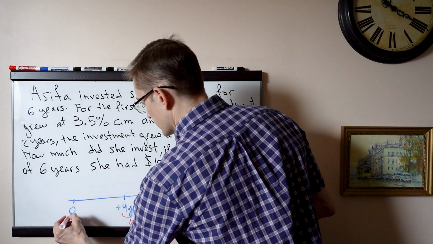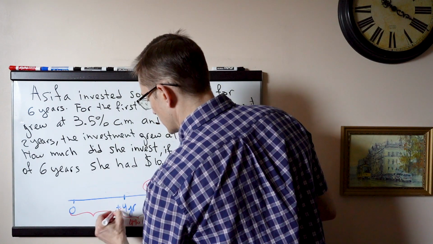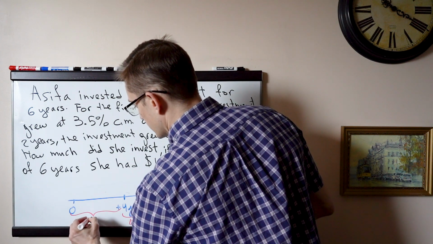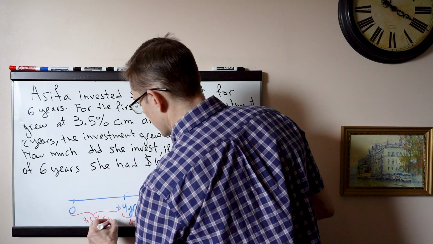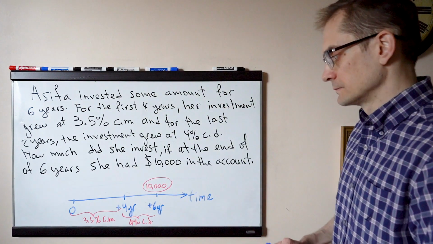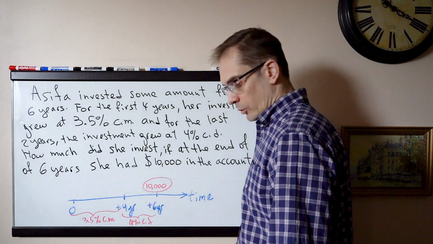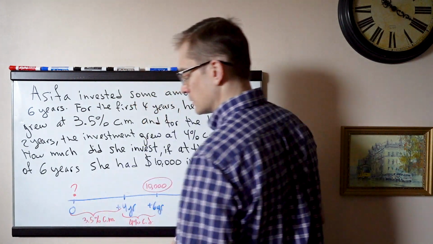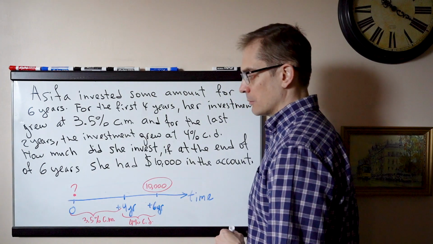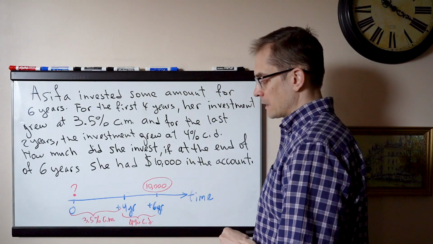And in the first part of the period, we have 3.5% compounded monthly. What we don't know is how much money was invested today.